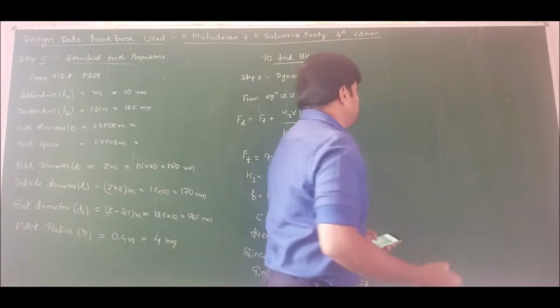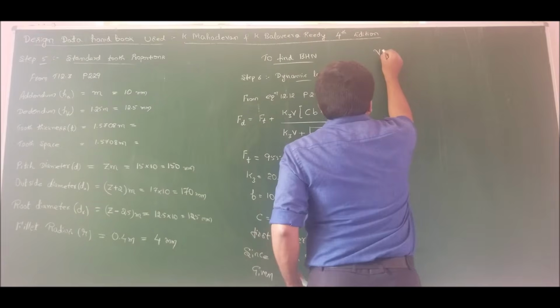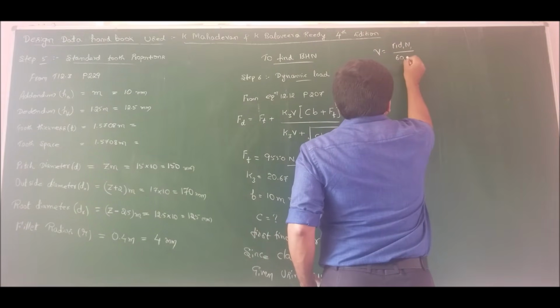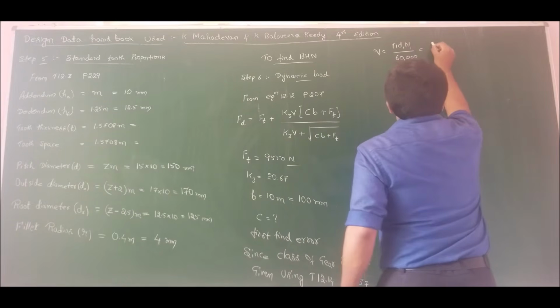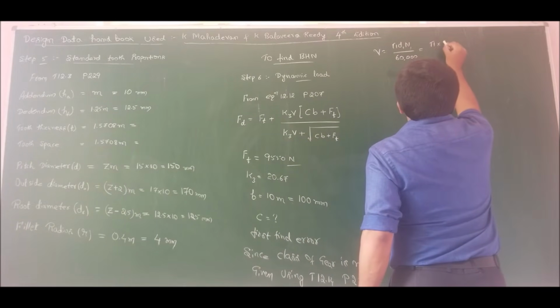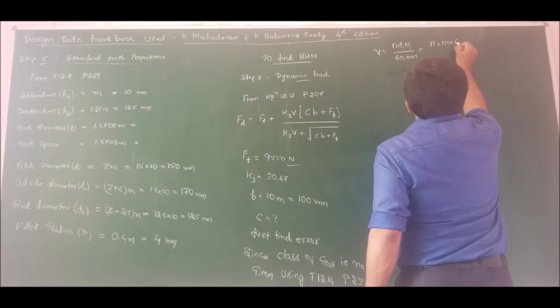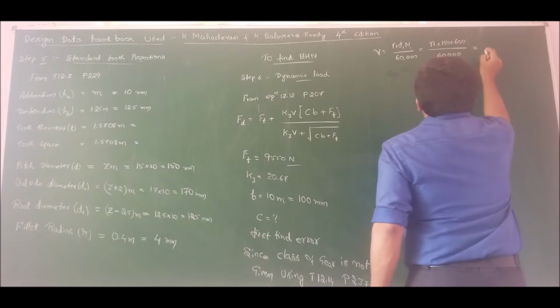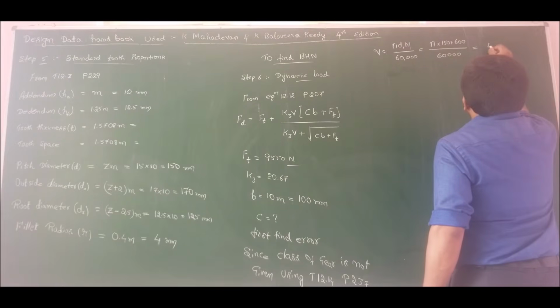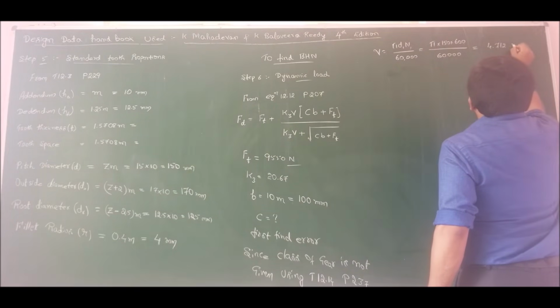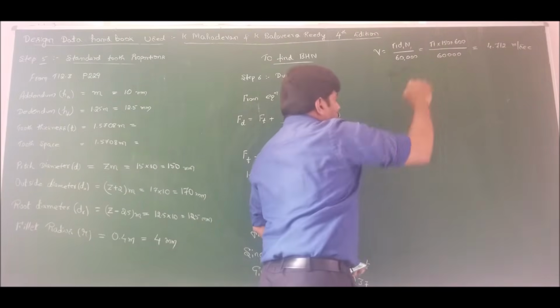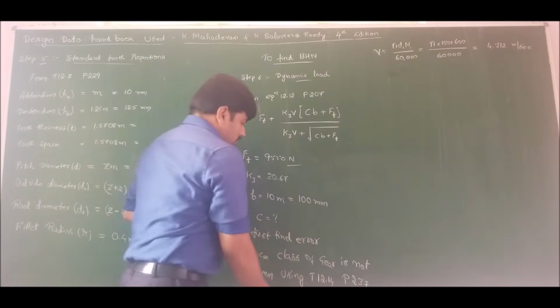So velocity for this problem is V = πd1n1/60,000. If I substitute, I will get π × 150 × 600 / 60,000, which yields 4.712 meters per second.